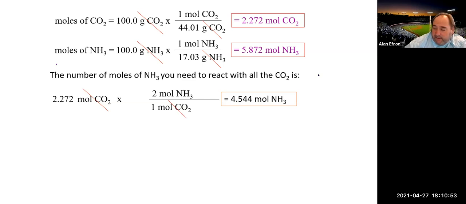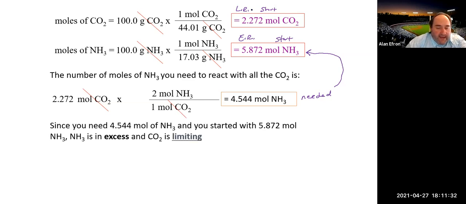This is how many moles are needed of NH3, and this is how many moles we started with. We only need 4.5 and we have 5.8 to start with. Because that's enough, this is your excess reagent, and this is your limiting reagent. That's the exact same thing we determined in our calculation with the ICE table.